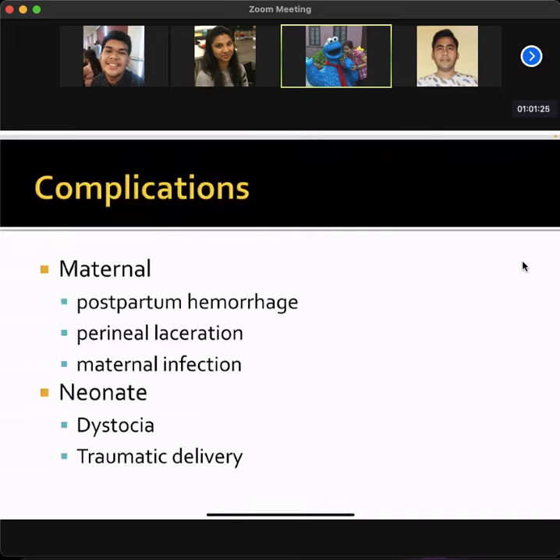Like in fetal growth restriction, we also have to diagnose or recognize fetal overgrowth because of the complications. Unlike in fetal growth restriction, which affects mostly the fetus, in fetal overgrowth the maternal health is also compromised because of postpartum hemorrhage, of course, perineal lacerations, especially in macrosomic patients, and maternal infection in prolonged labor, which is due to fetal overgrowth.